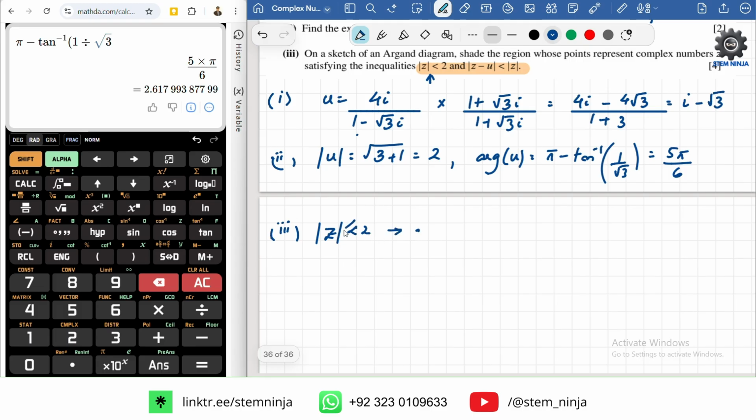So this would correspond to a circle of radius 2, center 0, 0.